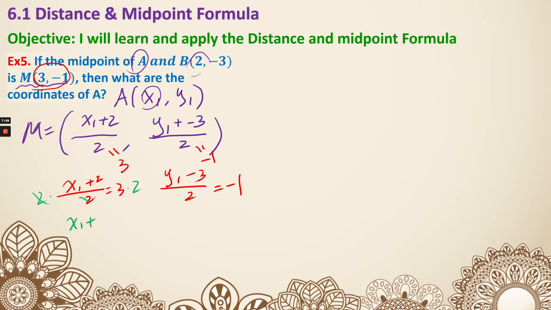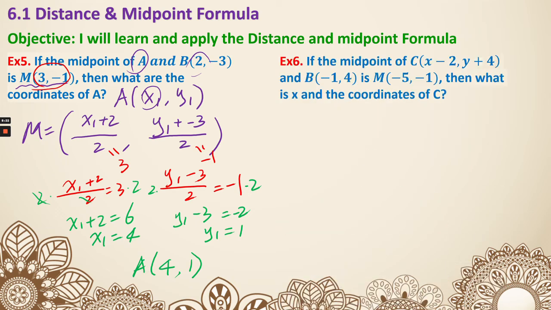So x1 plus 2 equals 6. x1 is 4. This one, same thing, times by 2, times by 2. y1 minus 3 is -2. y1 is 1. So my A actually is going to be 4, 1. That's the coordinate for A. That's example 5. Example 6.